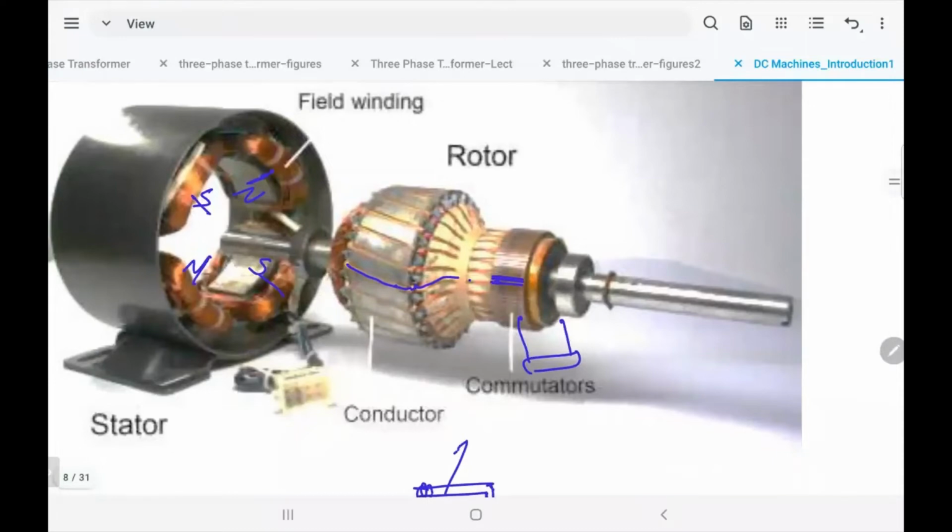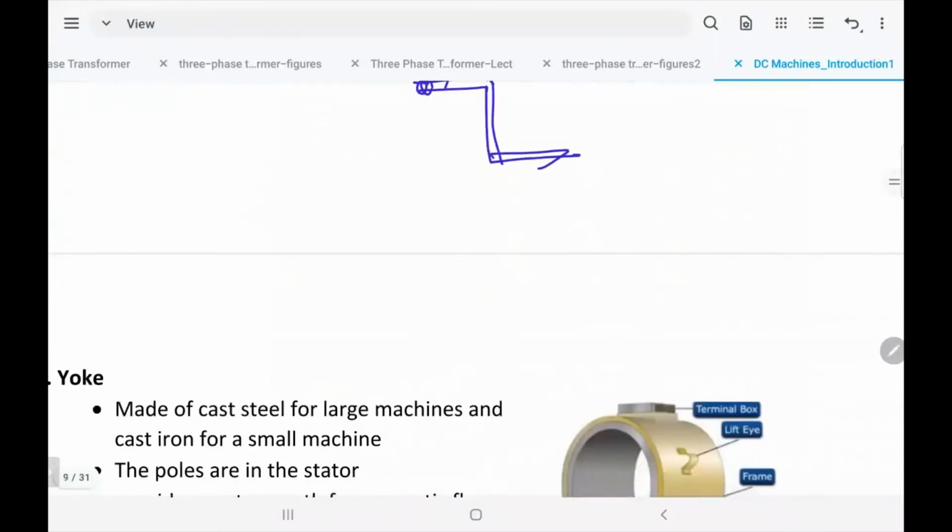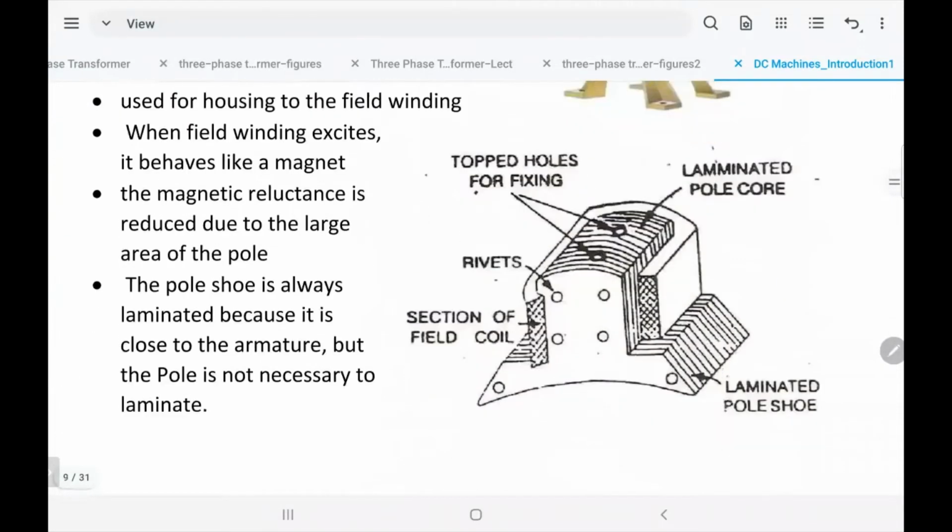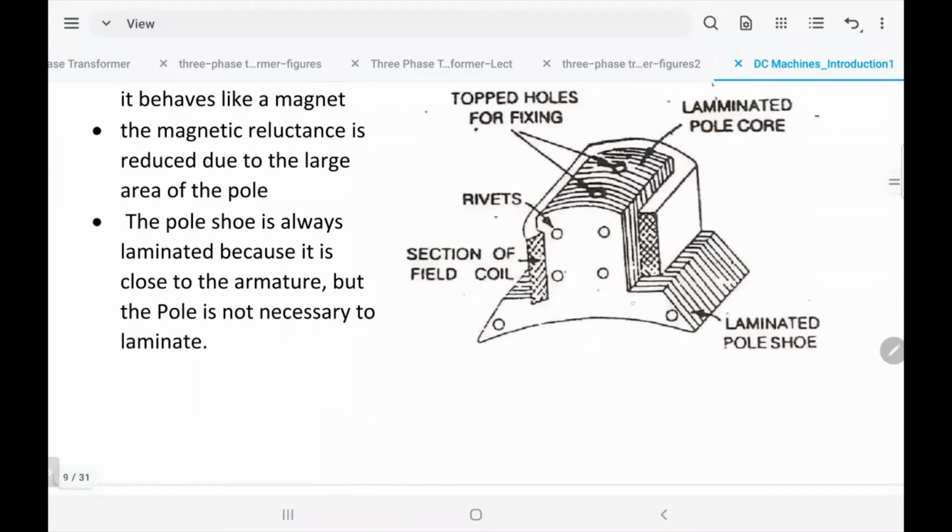These windings are wrapped around the poles. It looks like that. They call it the pole shoe, and it's laminated. Why laminated? We said that before when we studied magnetic fields. It's laminated because they want to avoid eddy currents.